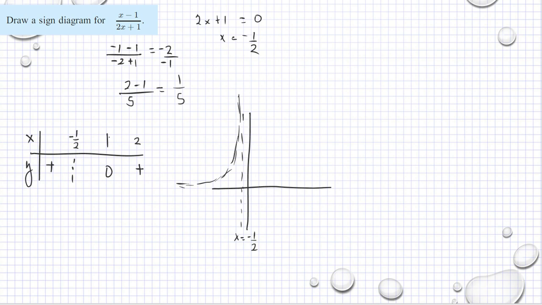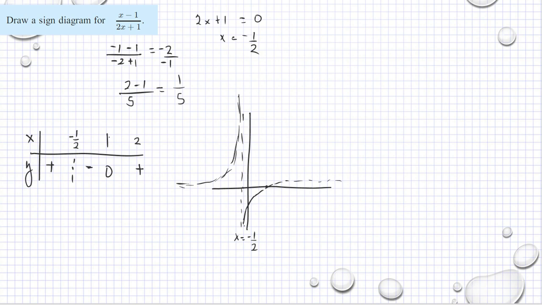And the other one is when it is 0. When x is 0, we have negative 1. So we have negative here. And then when it is 1 here, it should be like this, I hope.